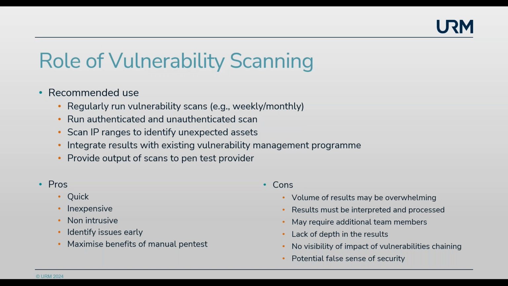And that can give you a false sense of security, because if you have several medium or low severity findings that can be chained together, sometimes they can cause a higher impact and potentially critical impact on your organization.